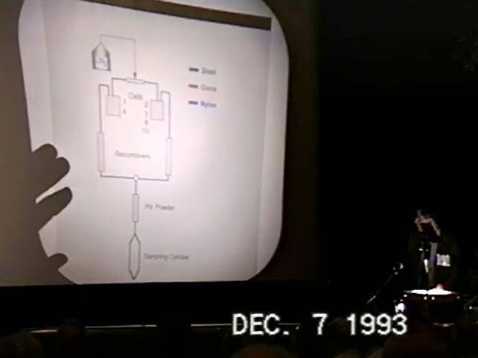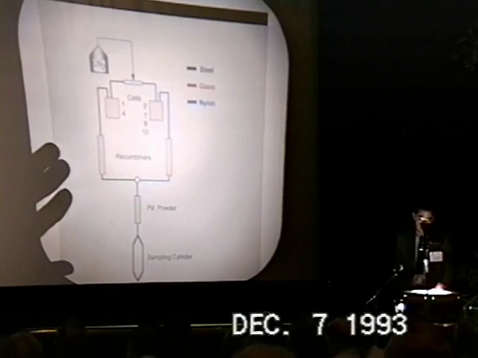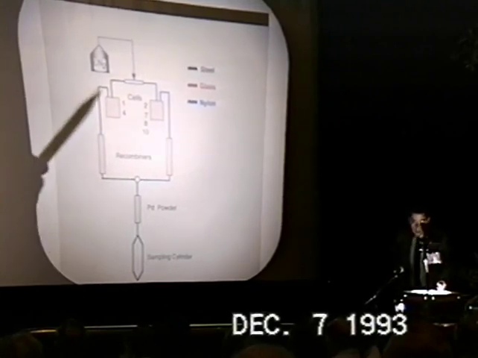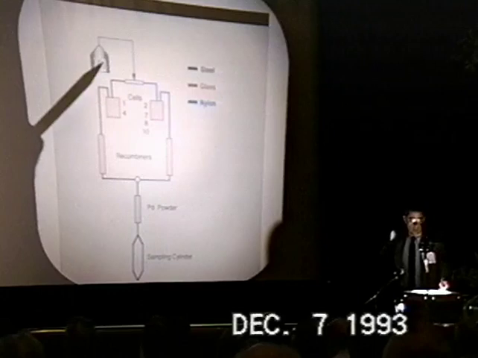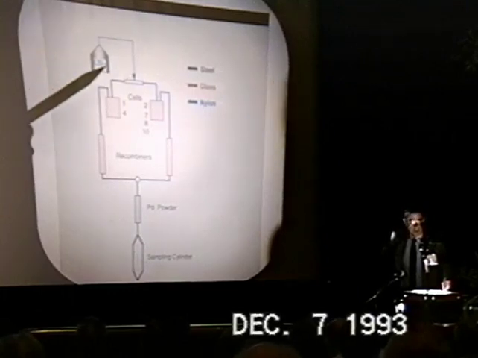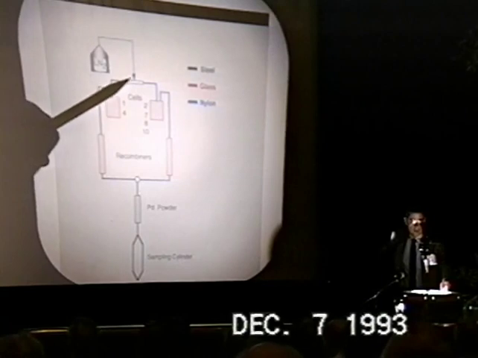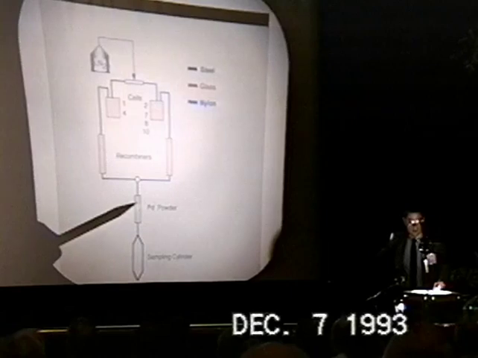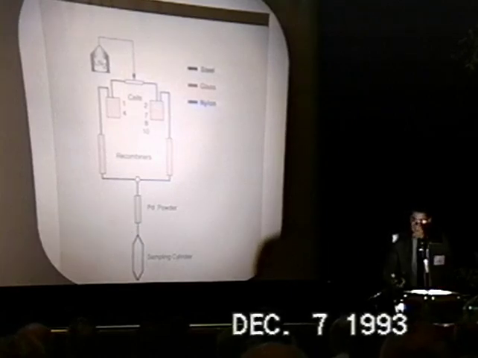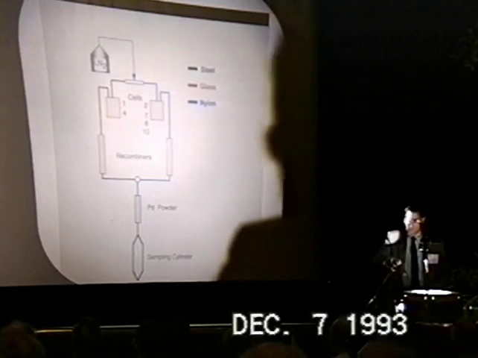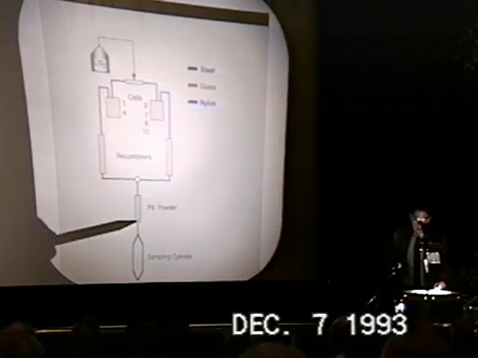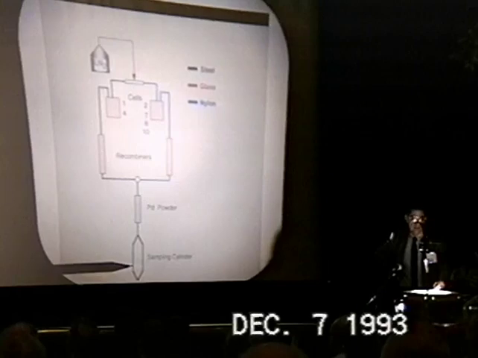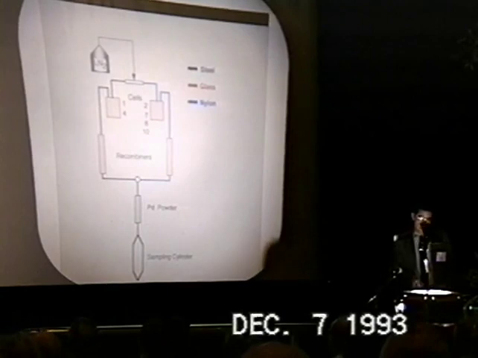So, let me recall what Gersi told you yesterday. In our collecting system, we have liquid nitrogen coming from the liquid, which flows through the cells, goes to recombiners through the palladium powder getter, and finally there is a stainless steel sampling cylinder, which is the collecting cylinder.